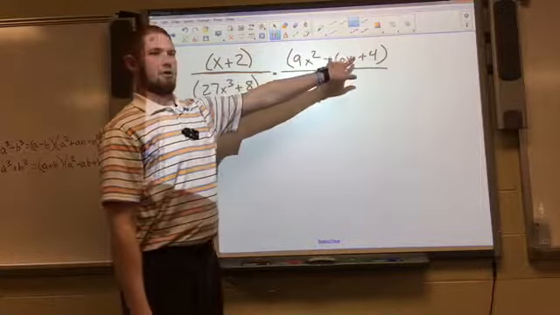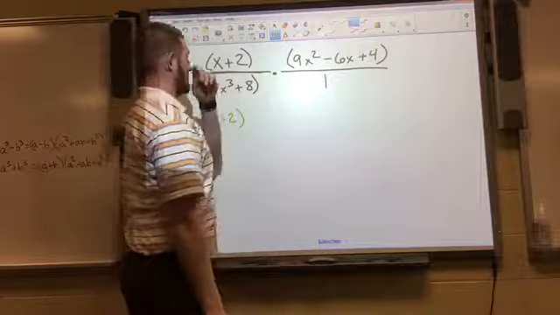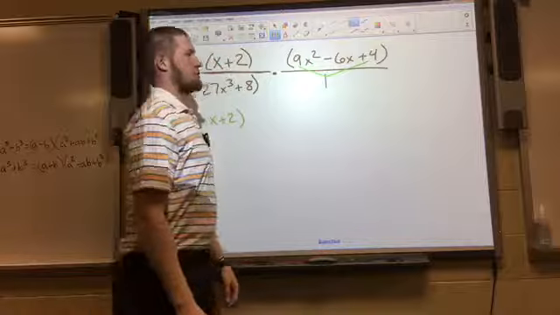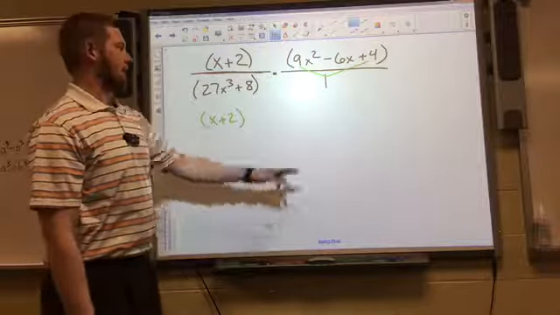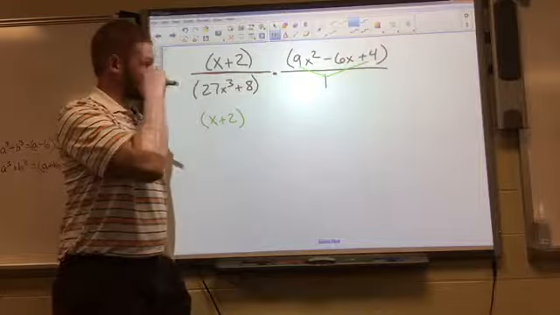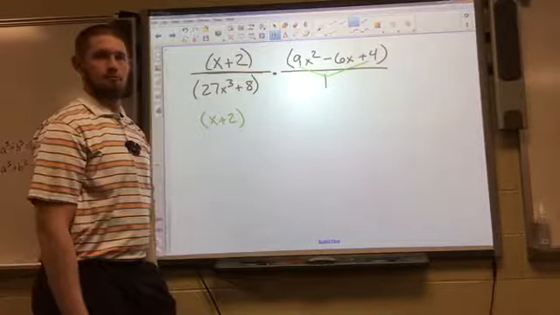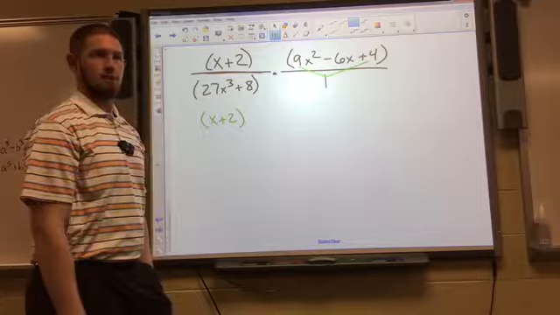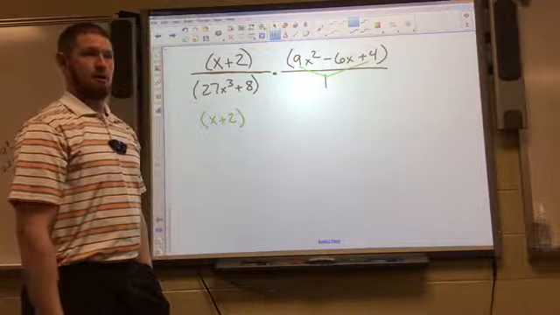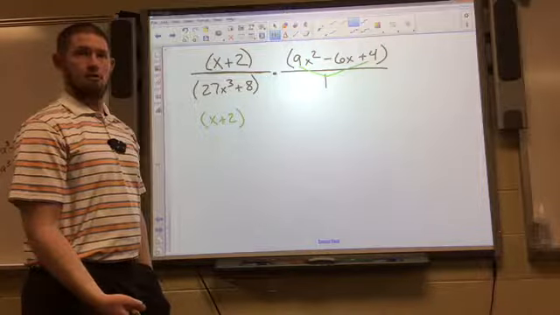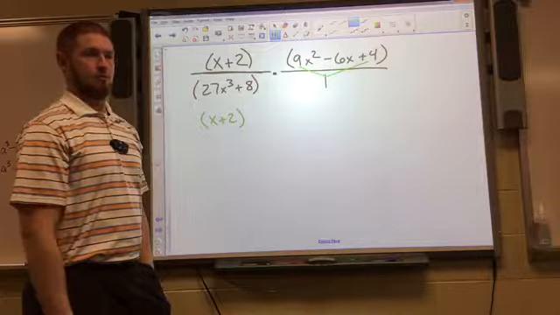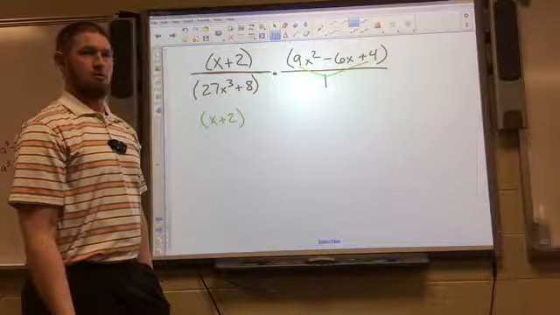Can I factor this? Well, let's try. Is there anything that multiplies to 36 and adds to negative 6? Anybody think of anything? So 6 and 6 goes to 36, but it can't add to negative 6, right? 9 and 4, but that doesn't add to negative 6. 36 and 1, that doesn't work. 18 and 2, that doesn't work.